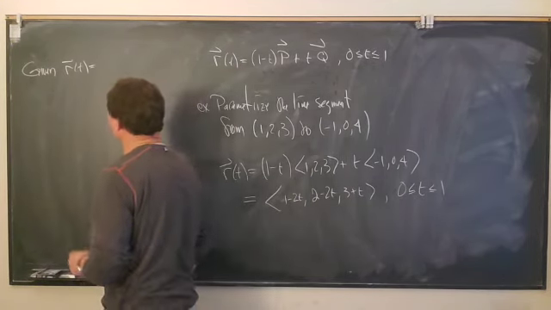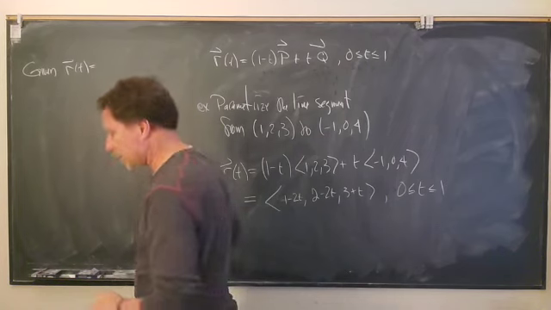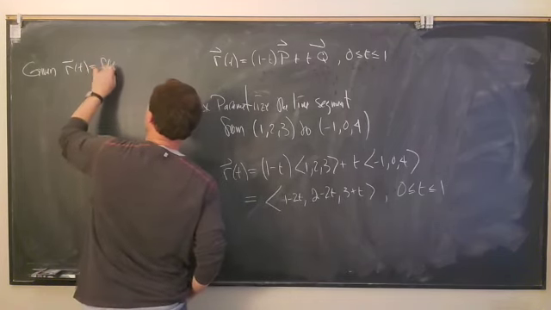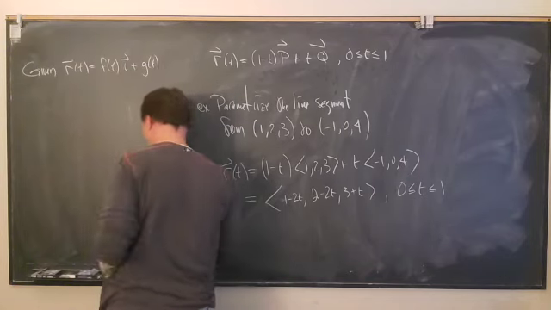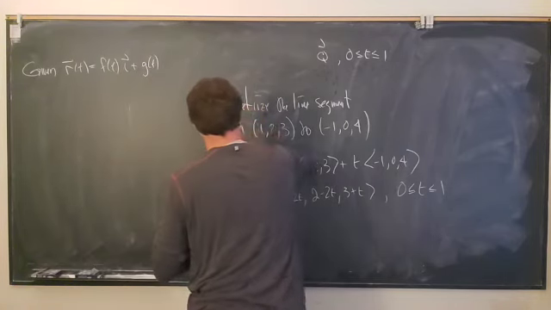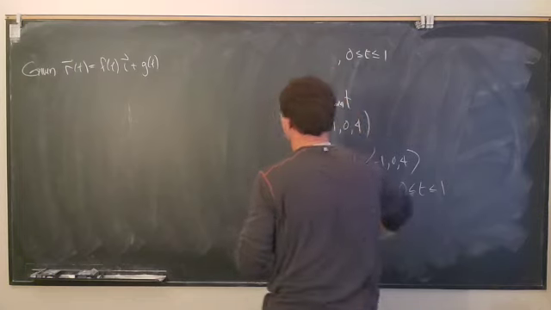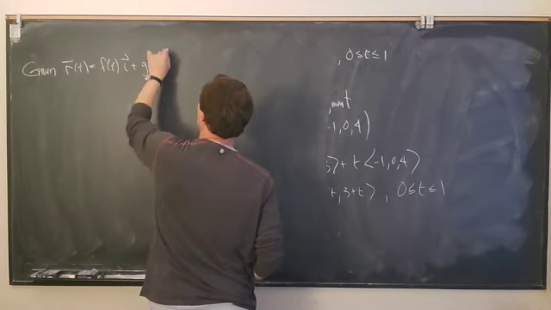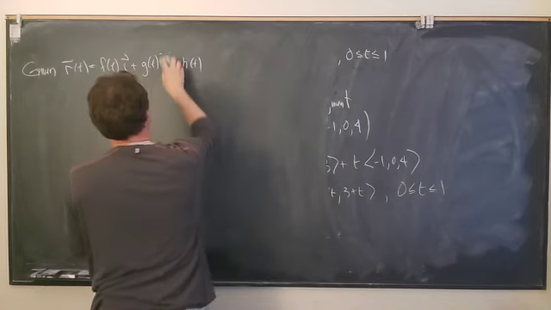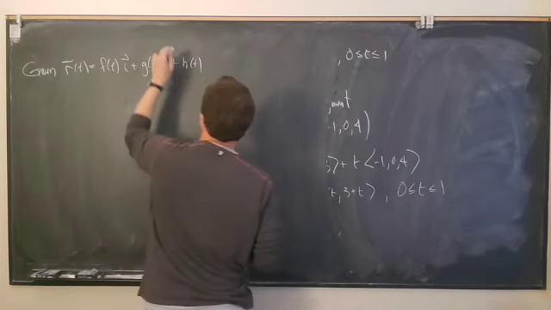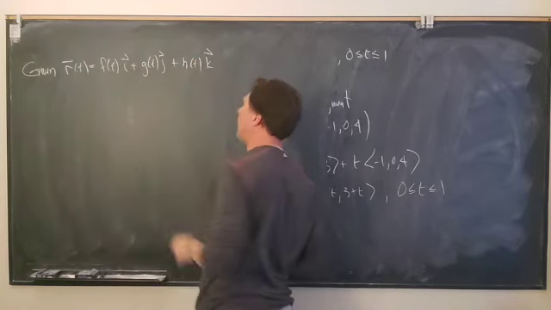So I'll stick with i, j, k notation. So r(t) equals f(t) times i plus g(t) times j plus h(t) times k.